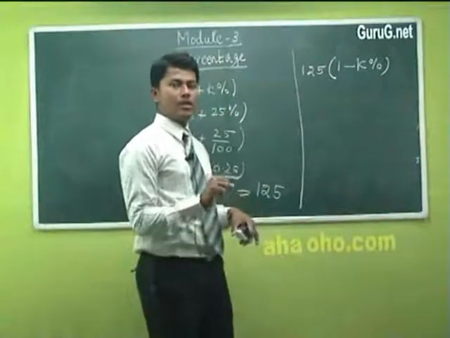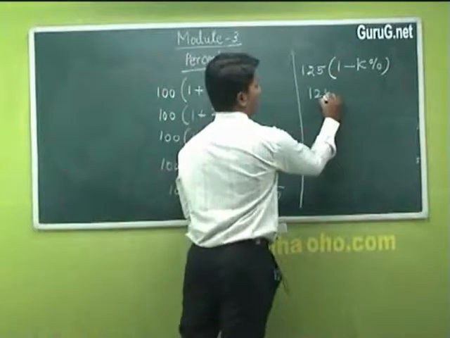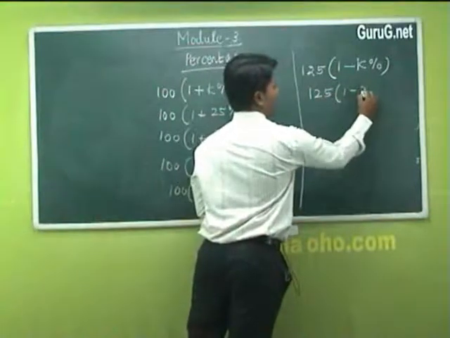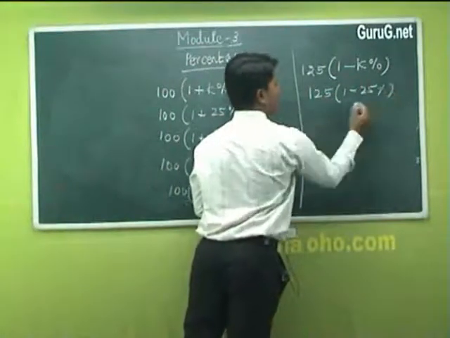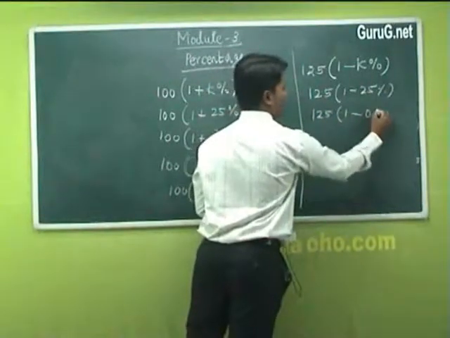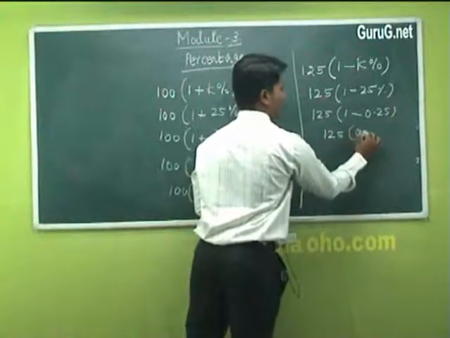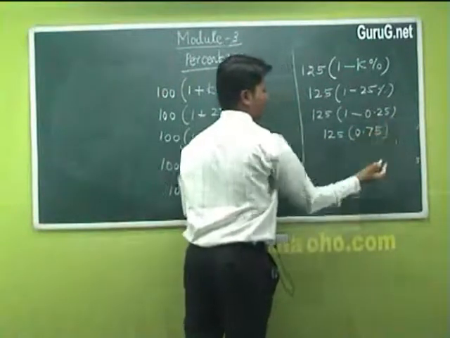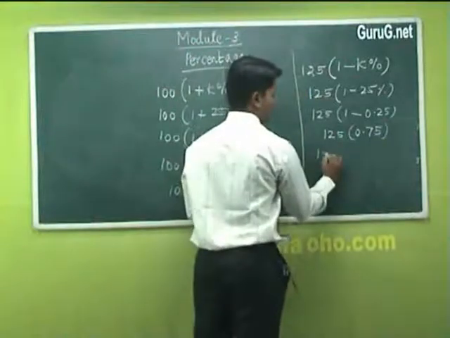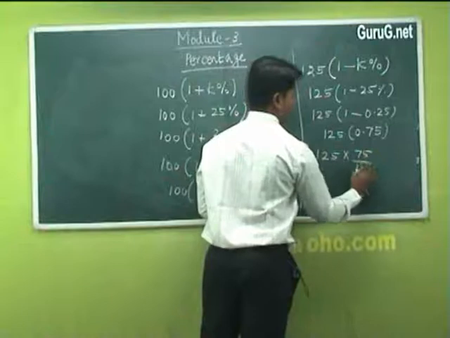Here we want to decrease 125 by 25 percentage. So 125 into 1 minus 25 percentage, that is 125 into 1 minus 0.25. So 125 into 0.75, that is 125 into 75 by 100.